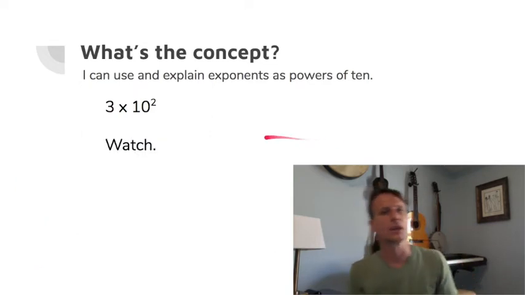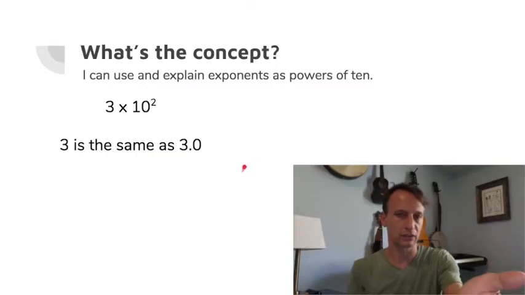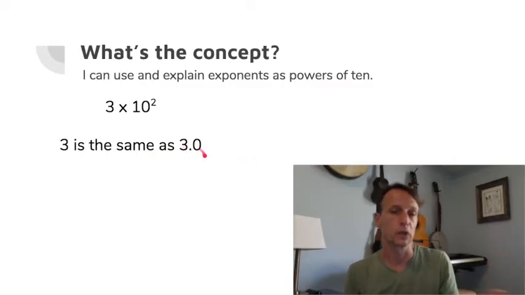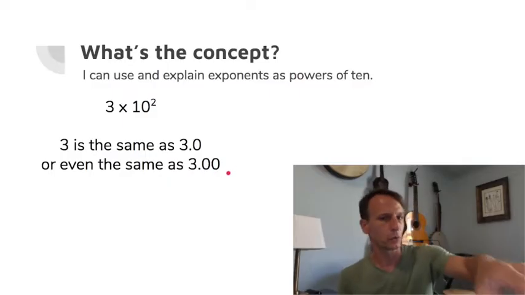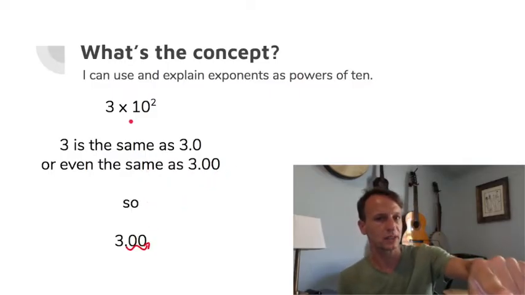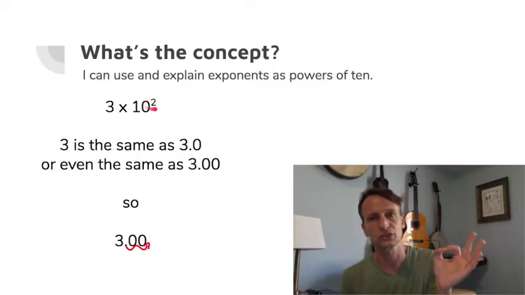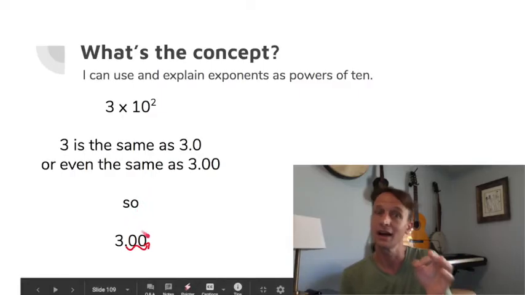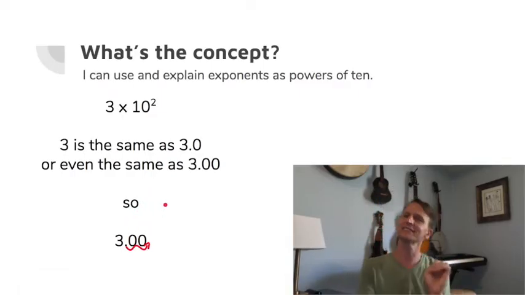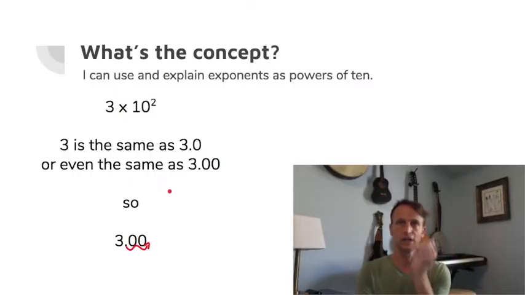Watch this. 3, we could write that as 3.0, right? We could even write it as 3.00. And here's why I'm doing that. So when I do times 10 squared, that 2 means 2 powers of 10, 2 places on the place value chart. 1, 2. See, so now I can look at 3 times 10 squared and say, 300.